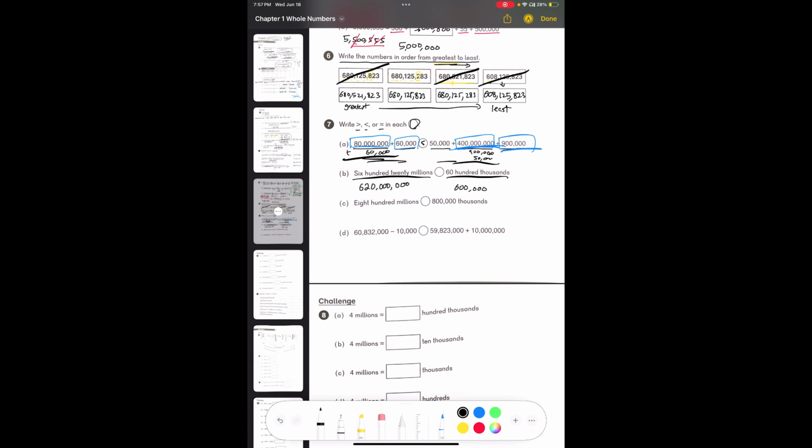Moving on, we're going to write this as the respective number in digits. So 620 millions, and 60 hundred thousands. Now be careful here. 60 hundred thousands. So 6 0 0 0 0 0 0 because there's a 60 here.